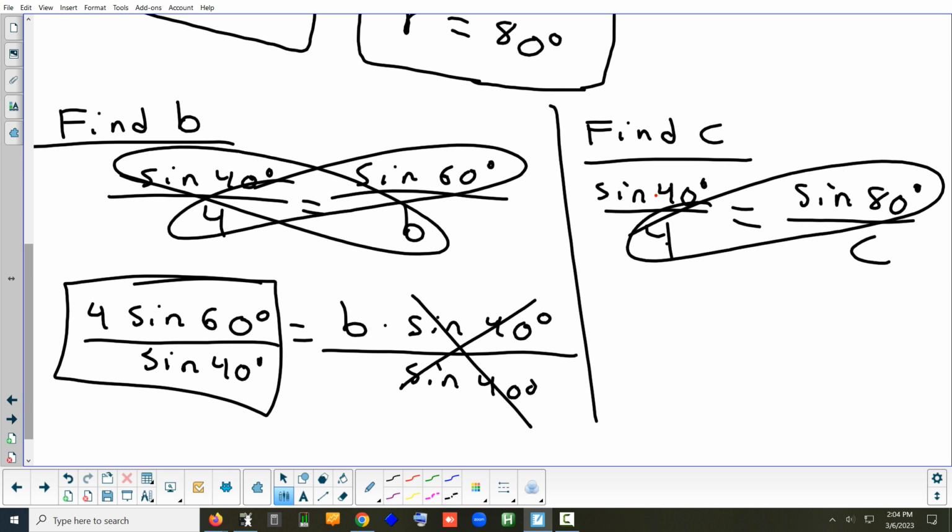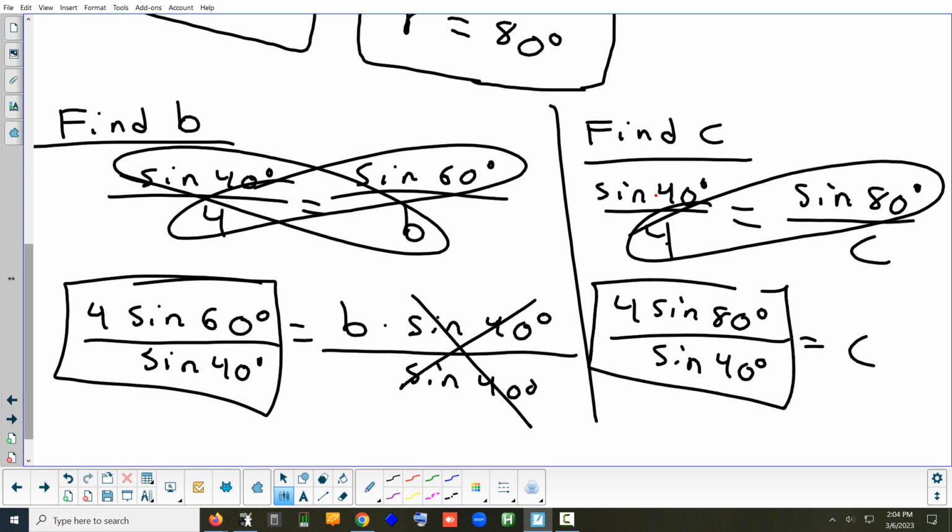So it's 4 sine 80 divided by the one that's on the diagonal with the letter, sine 40. And there's nothing you can do to reduce this. You just have to type it in the way it is. Don't try to say, oh, 80 divided by 40 is 2. Can't do anything with that.